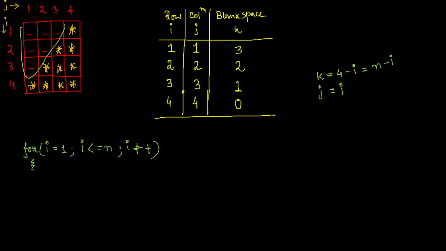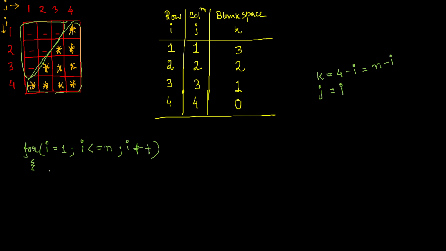This is one part of the pattern, and another part is this. So that means I need 3 loops. One loop for row, one for blank space, and one for the actual pattern, the star. But all of the above, I is there, right?